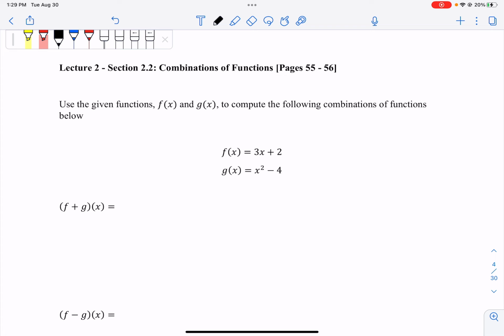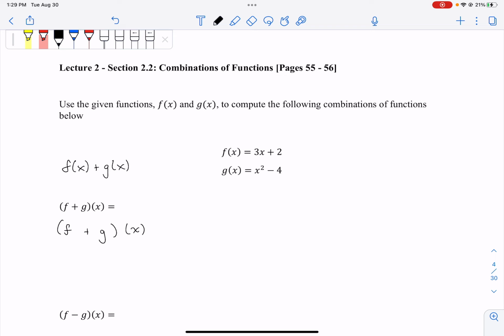Combinations of functions. Use the functions f of x and g of x below to compute the following combinations of functions. So let's say we're given that f of x is equal to 3x plus 2, and g of x is equal to x squared minus 4. Sometimes when we combine functions, instead of writing f of x plus g of x, it might be easier to say, I want to do f plus g, where my input for both of them is x.